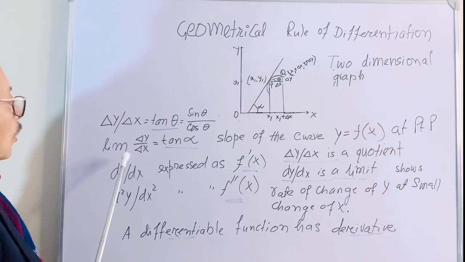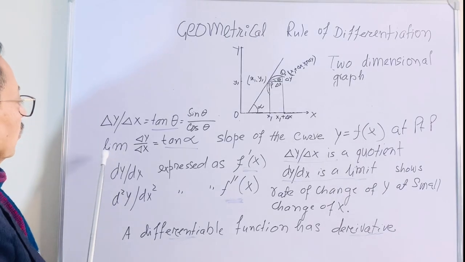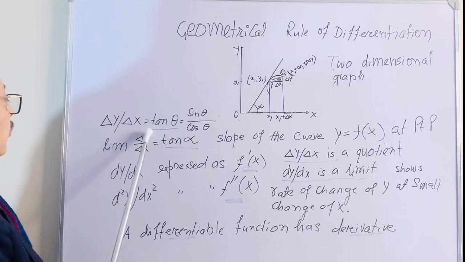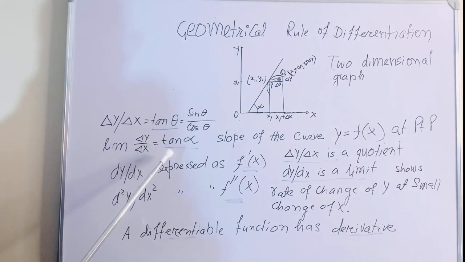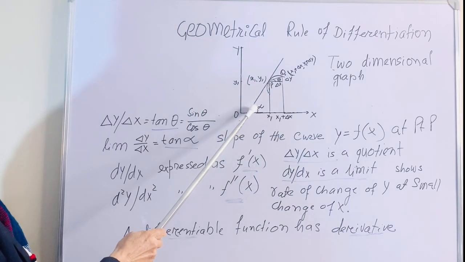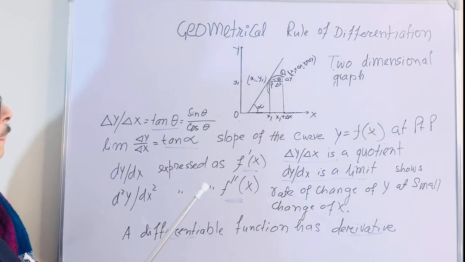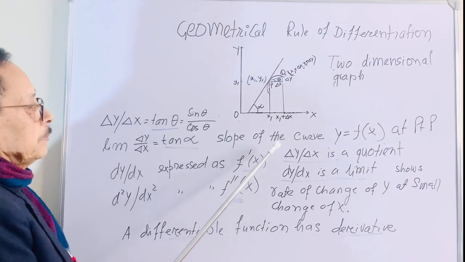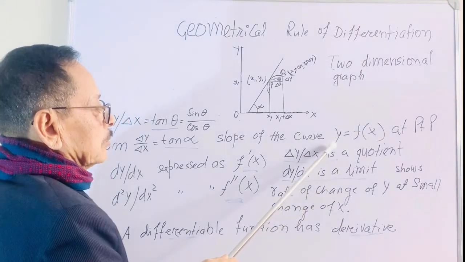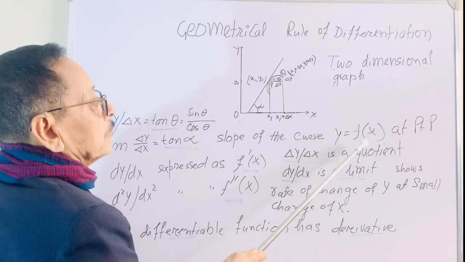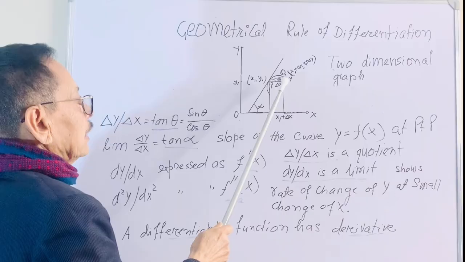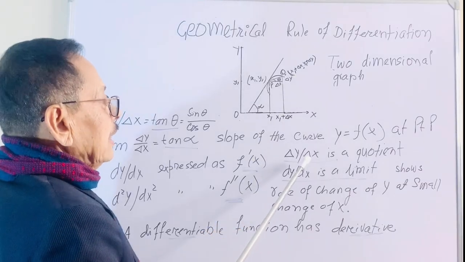And when we take a limit of this, delta y by delta x is equal to the tangent of the angle alpha. Now the slope of the curve y is equal to f(x), that means of this curve at point P, is delta y by delta x.